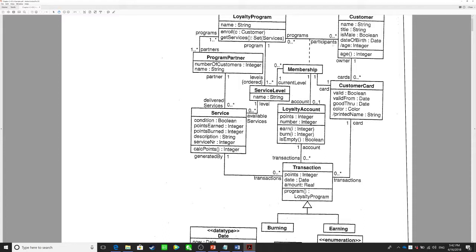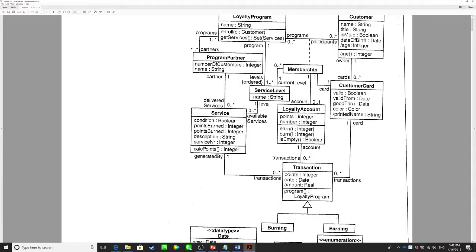Most loyalty programs allow the customer to save bonus points, and each individual program partner decides when and how many bonus points to allocate to a certain purchase. Saved bonus points can be used to buy specific services, be exchanged for free services, or purchase tickets.